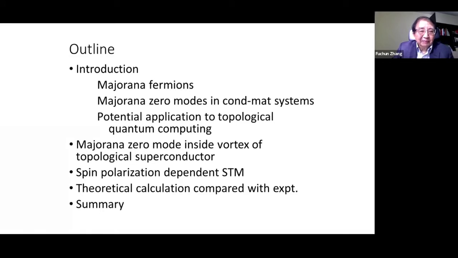After this long introduction, I will focus on Majorana zero mode inside the vortex of topological superconductor. And then we'll discuss spin polarization dependent scanning tunneling microscope. We'll present theoretical calculations compared with this experiment. So basically, after the introduction, I will focus on one thing.